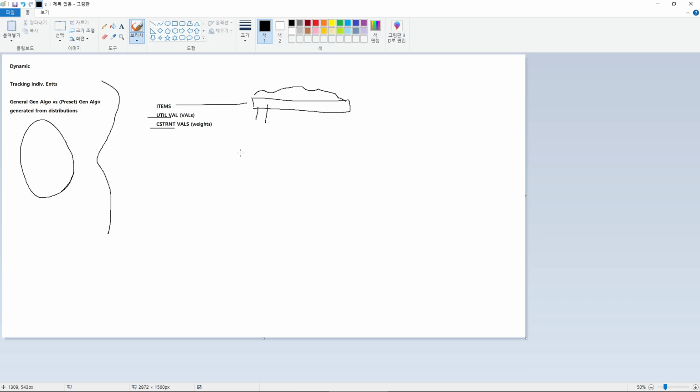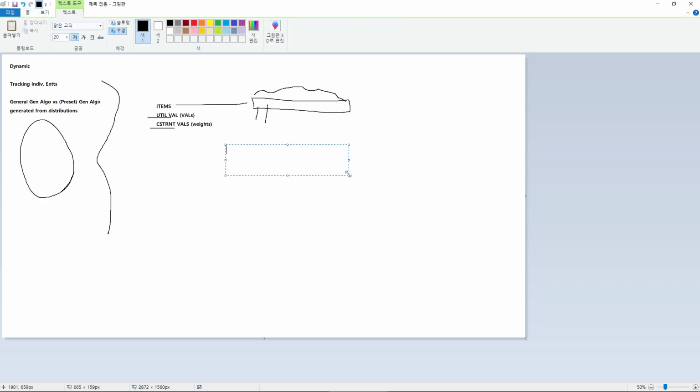So for example, if the number of all items was set to 20, which is what I initially started with, not 10 but 20, that's usually called num items. Items would be set to 20 and it would stay that way.